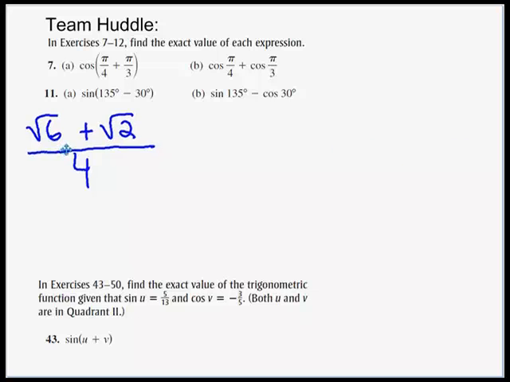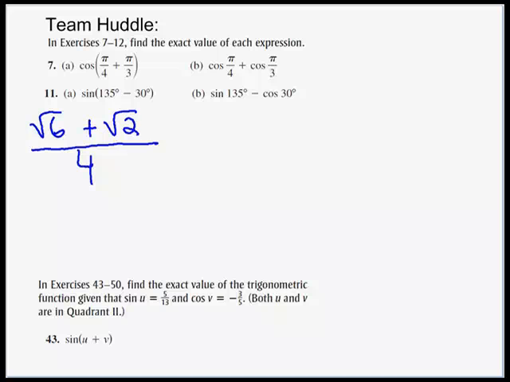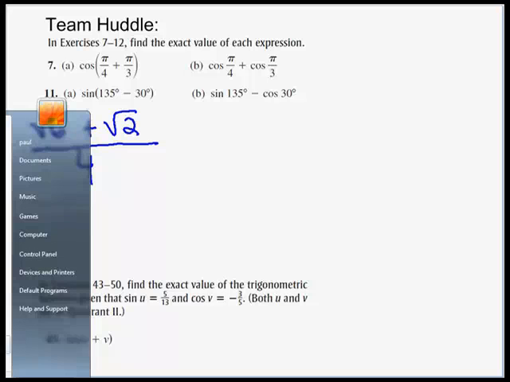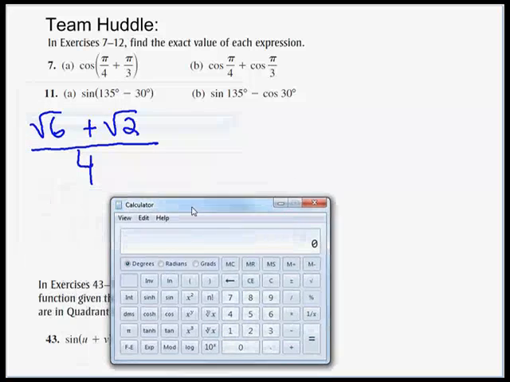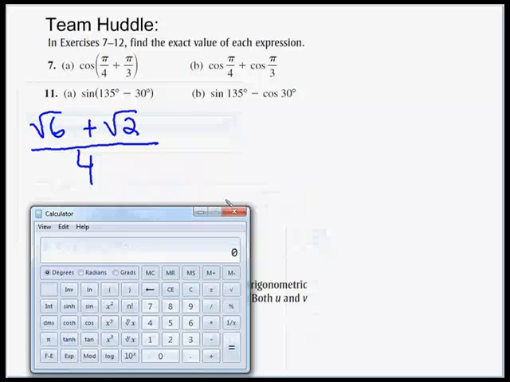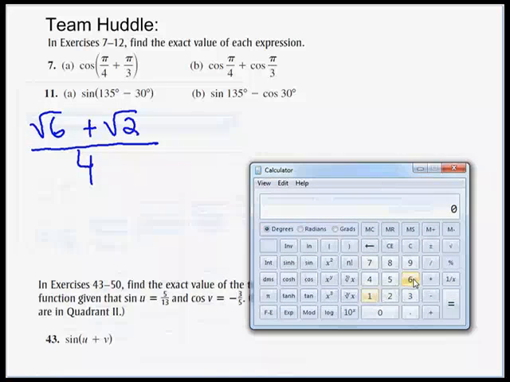So that's the answer to part A. Now let's figure this all out on a calculator and see what it looks like as a decimal. Let's get the decimal equivalent of the first one.